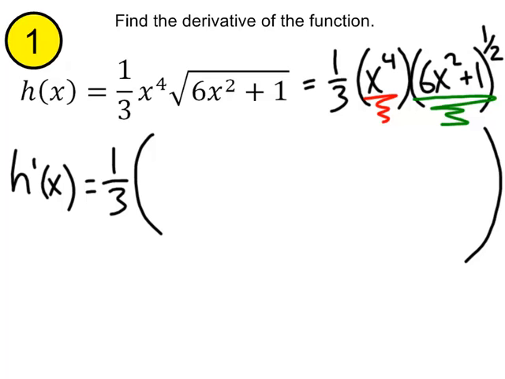So the product rule says I'm going to take the second function times the derivative of the first, plus the first times the derivative of the second. Well, let's go ahead and write that. The second function, (6x squared plus 1) to the 1/2 power, times the derivative of the first. That would be 4x cubed, right?